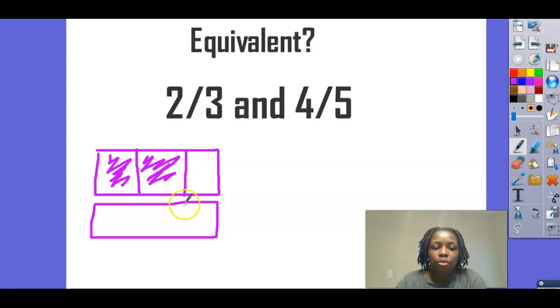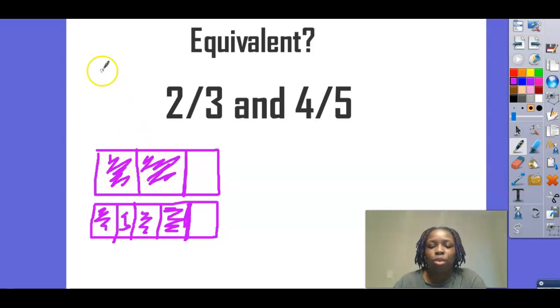And then when I draw out 4/5, my pieces are of course a little bit smaller, right? And then I'm going to shade in 4/5. 1, 2, 3, 4. And we can tell here that 4/5 and 2/3 are not equivalent because obviously 4/5 looks much greater than 2/3.